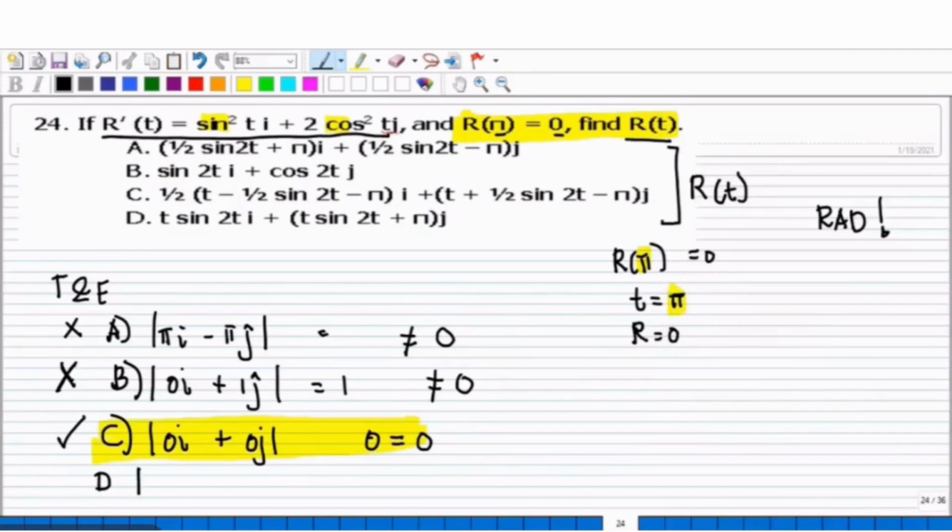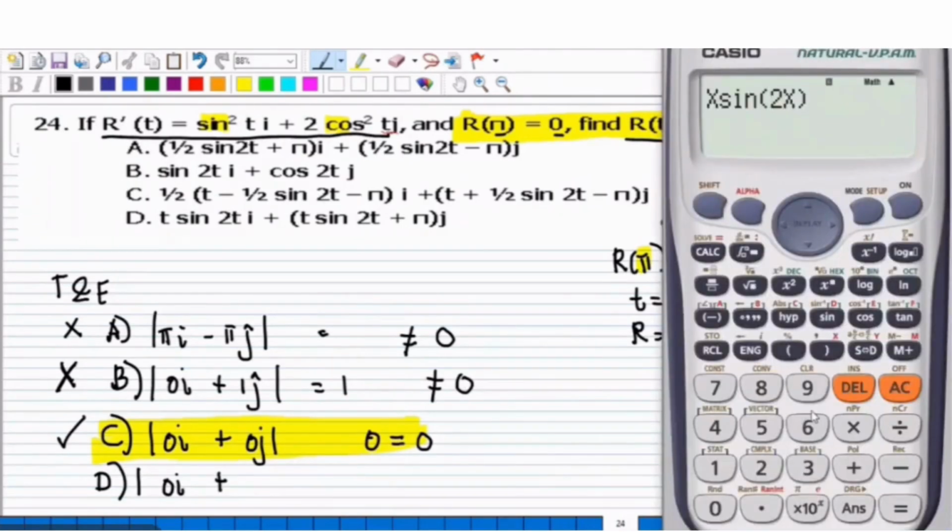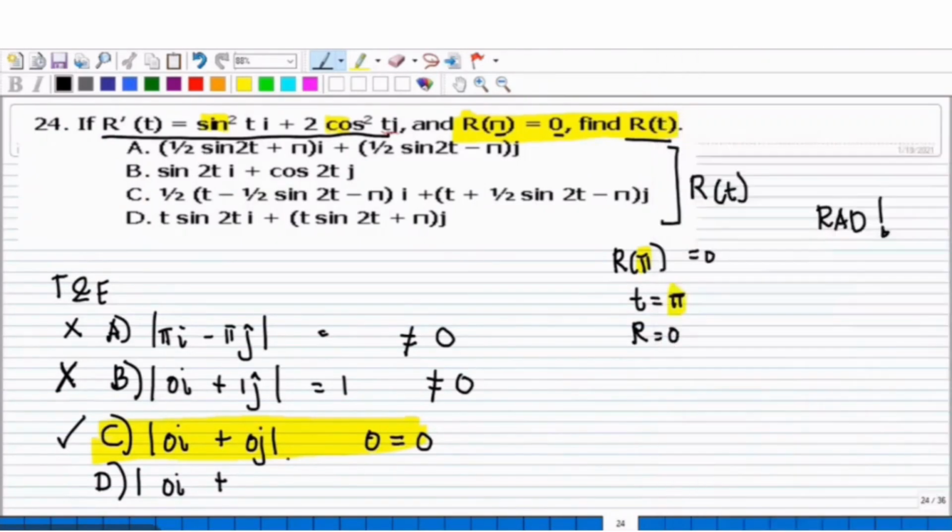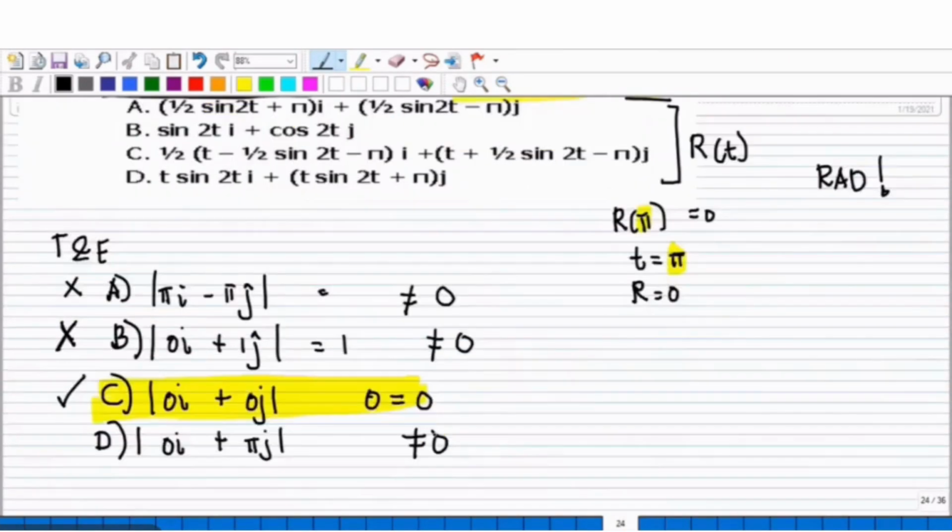Yung ating x component, 0. How about yung y natin? Dagdagan lang daw natin ito ng pi. Calc lang natin siya. Take note po, meron pong value yung j, which is not equal to 0. So, ang pumasok lang po dito is letter C. Yun na po yung sagot.